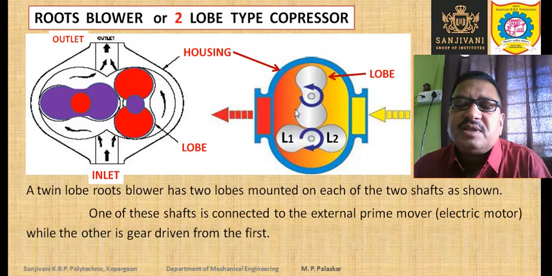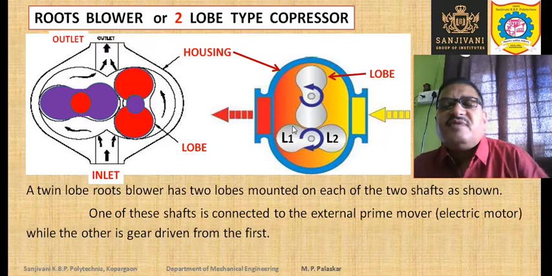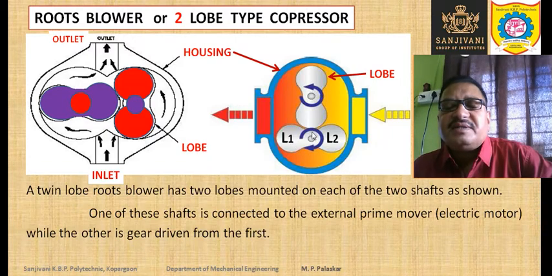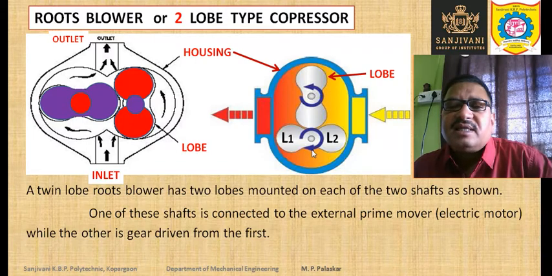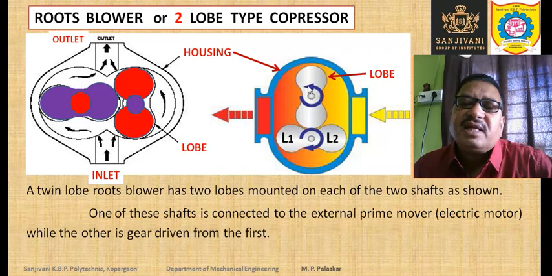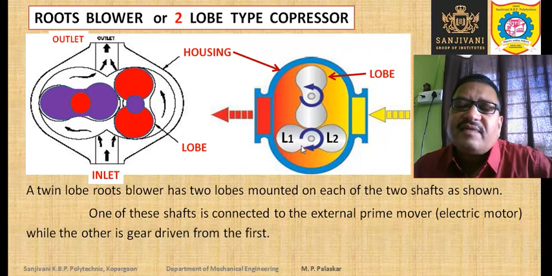Behind these lobes there are gears. On this shaft one gear is mounted, and it meshes with another gear mounted on the other shaft, so a pair of gears is formed. One gear will drive the other gear, so the gear on the driving shaft drives the gear on the driven shaft.